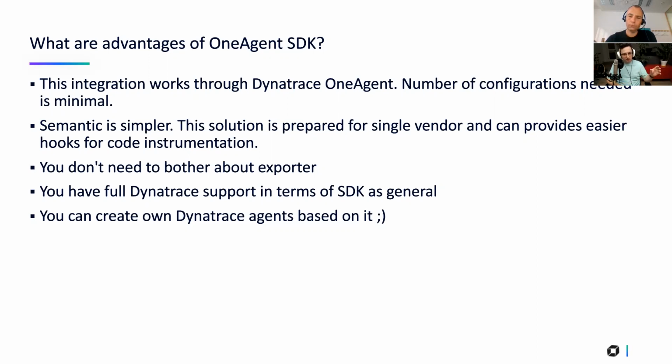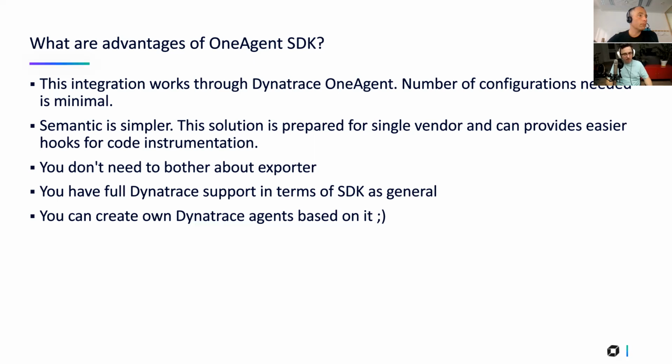Because with the OneAgent SDK for C, there is a different approach. You are not having a single method with plenty of parameters. You have methods that are created directly for particular tasks. So you have different methods and a different approach for the web request incoming, outgoing, and other things. And each of them has some parameters that are required.